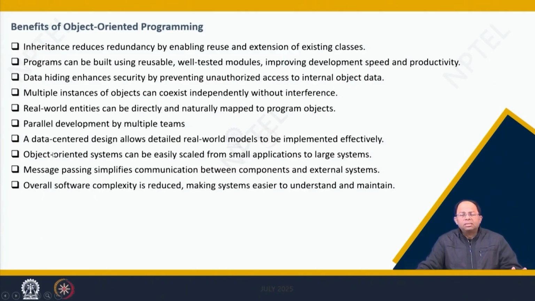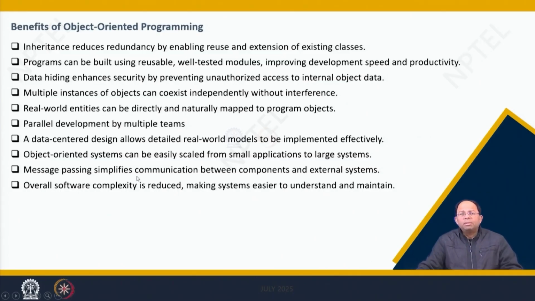So more or less the design is determined by the data structure, how the objects are organized, and this makes it more realistic and closer to the real-world models or aspects that we are actually trying to solve. And then an object-oriented system could be easily scaled from small applications to large systems by adding more objects or adding more functions to those particular objects.